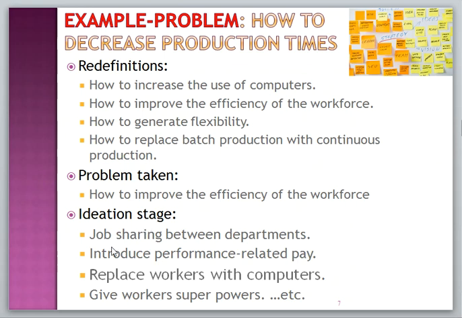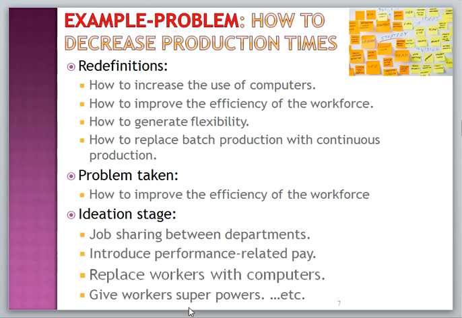People may come up here with ideas. The first one may say job sharing between departments, that would decrease the time and make work more efficient. Introduce performance related pay, so we relate the pay to productivity. Replace workers with computers, that is another one.